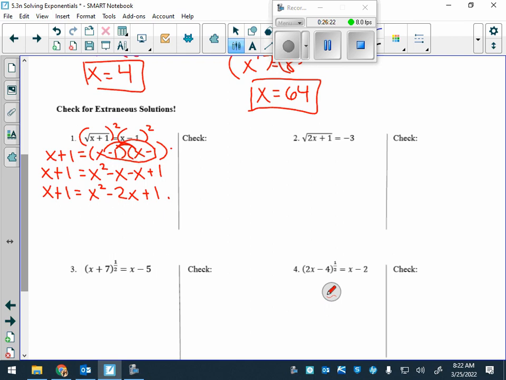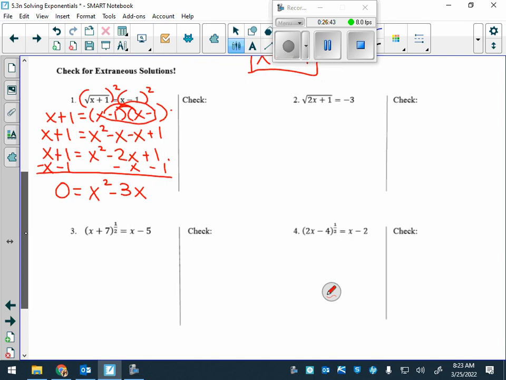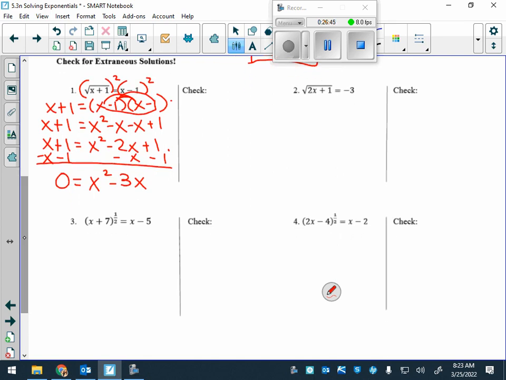Now, since I have x squared on this side, I'm going to move everything over to set it equal to 0. So I'm subtracting x and I'm subtracting 1. So I have 0 equals x squared minus 3x.